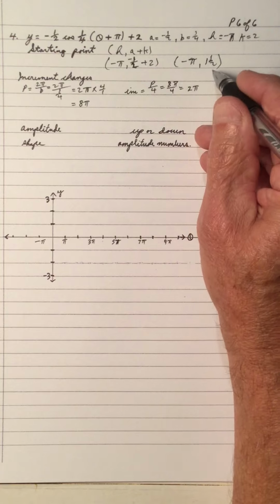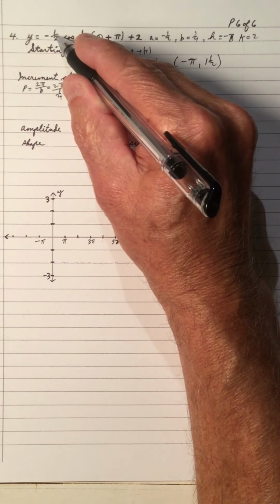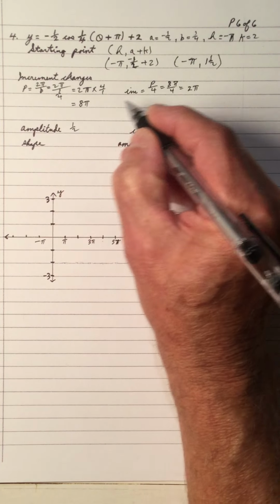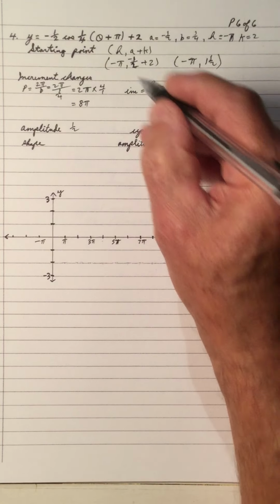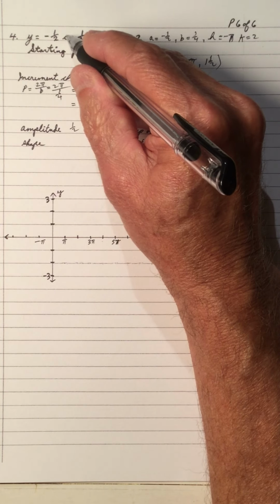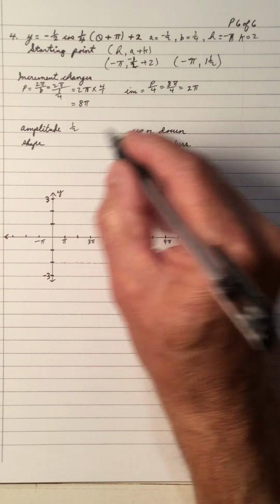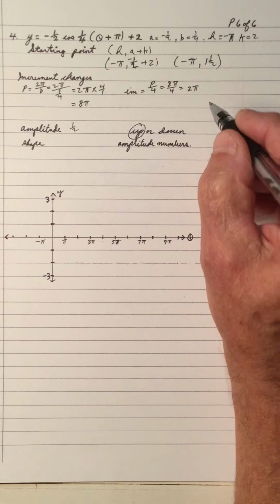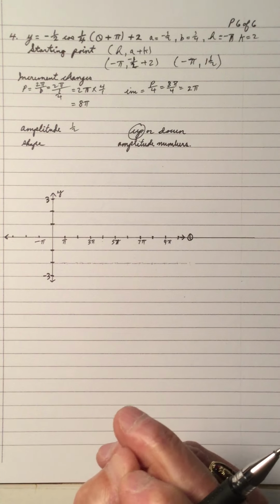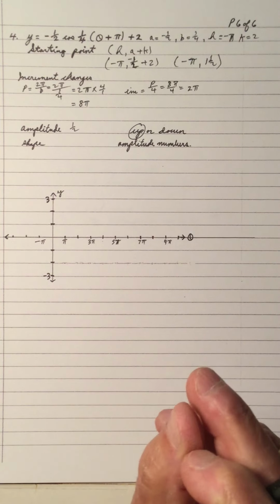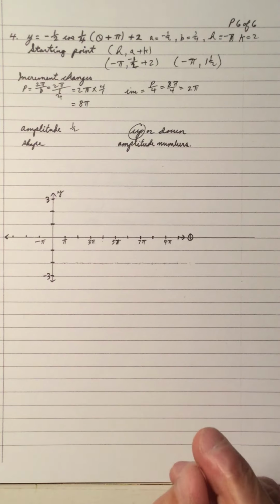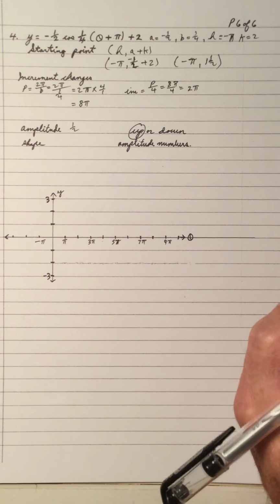So the amplitude is a half. Amplitude is positive. When sine is negative, it goes down. When cos is negative, it goes up. I always know what sine is. Sine positive goes up, sine negative goes down, and cos is the reverse, the opposite.